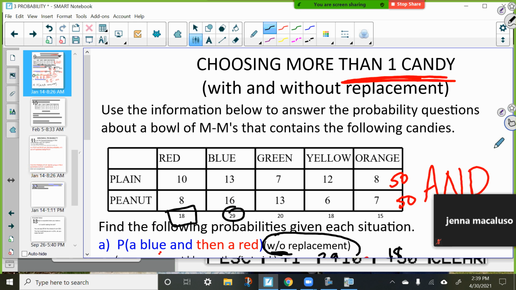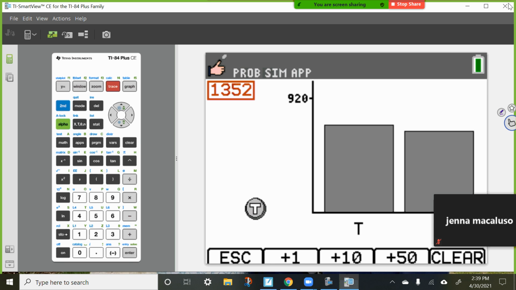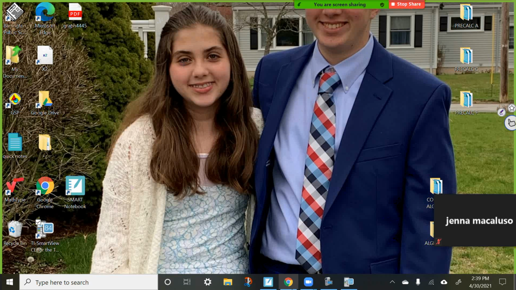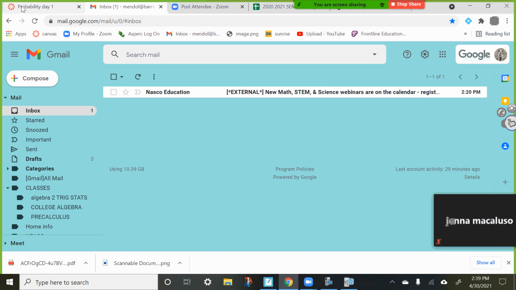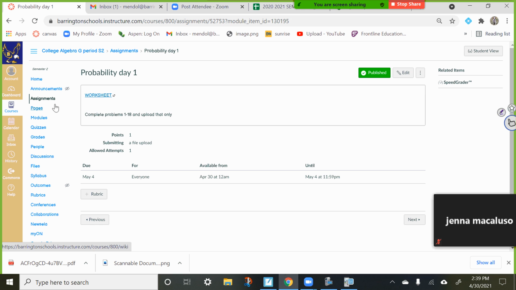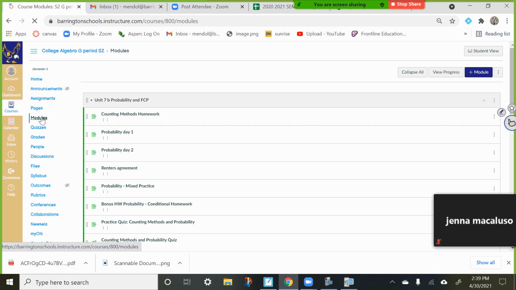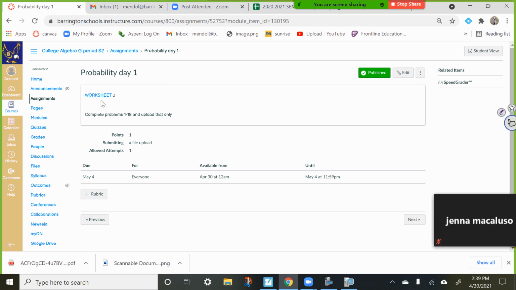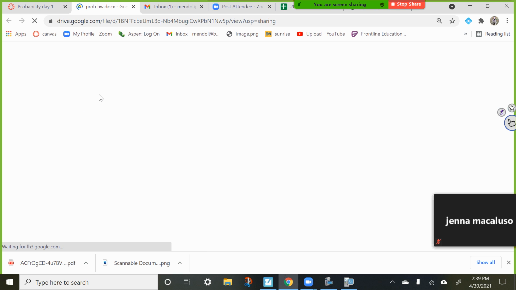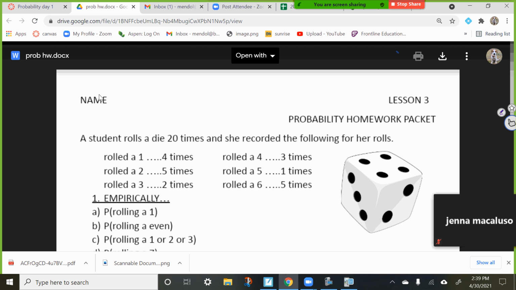So if you look at your homework on Canvas, I put the same document in here twice, right? Probability day 1. It says only do number 1 to 18. Okay, so that's going to be our first probability homework.